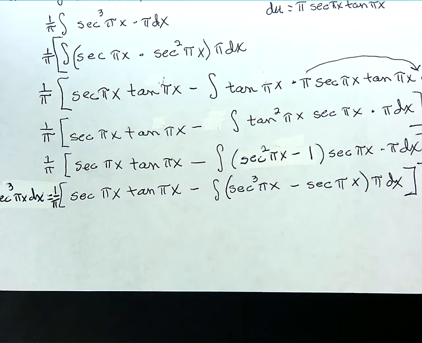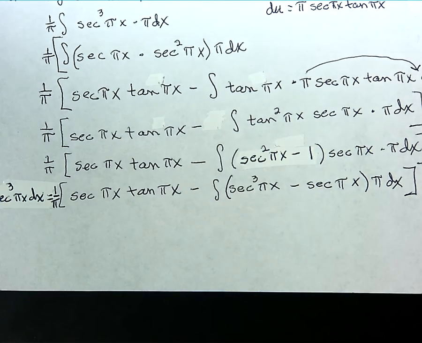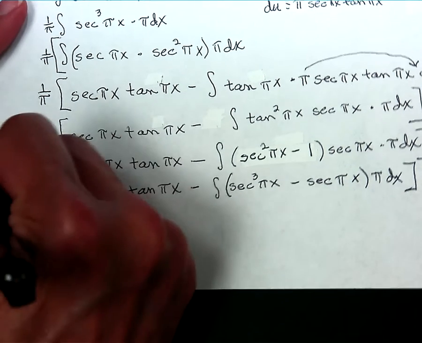I really wish that I had not brought that one out of 1 over pi to begin with, because it's fixing to cause a problem. I can fix it though.